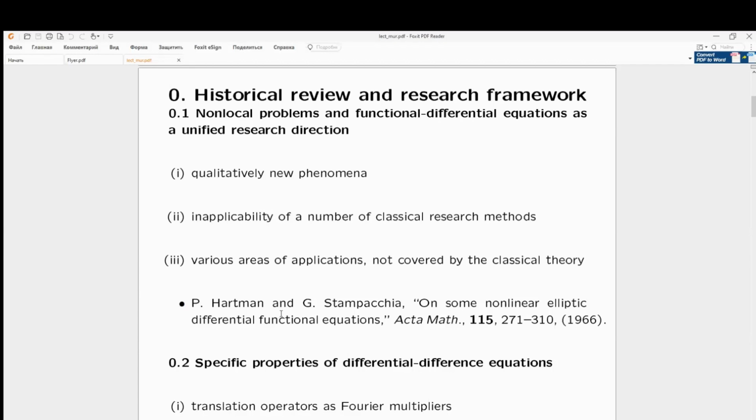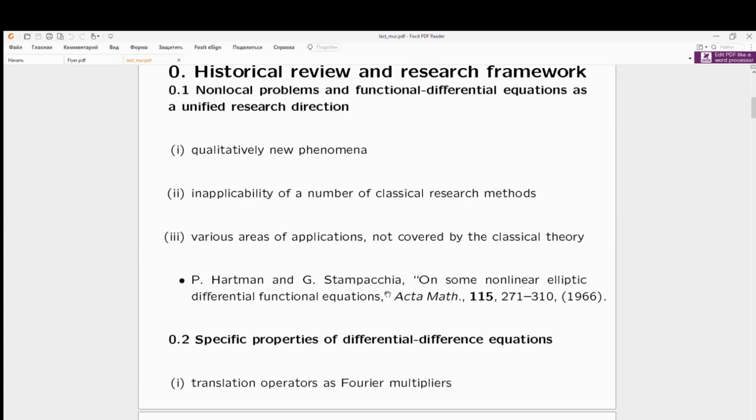Now let me substantially restrict the scope, and from this point I shall speak only about differential difference equations. They are functional differential equations such that only differential operators and translation operators act on our desired functions.